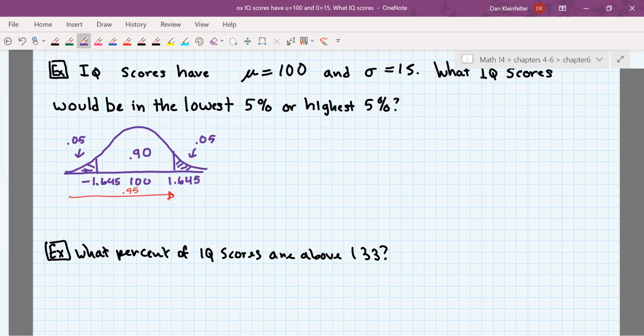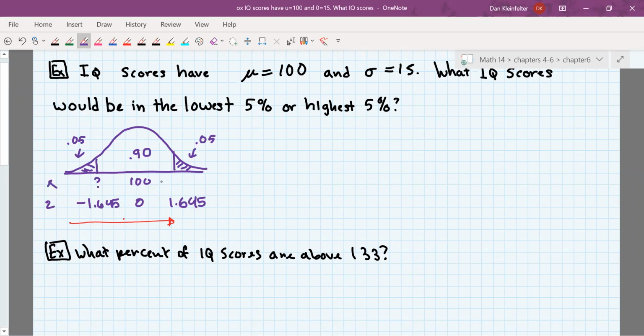So now, those were z's. So we'll need to move those down a bit. We'll need to work backwards to find x values. All right, so those are z's, these are x's.